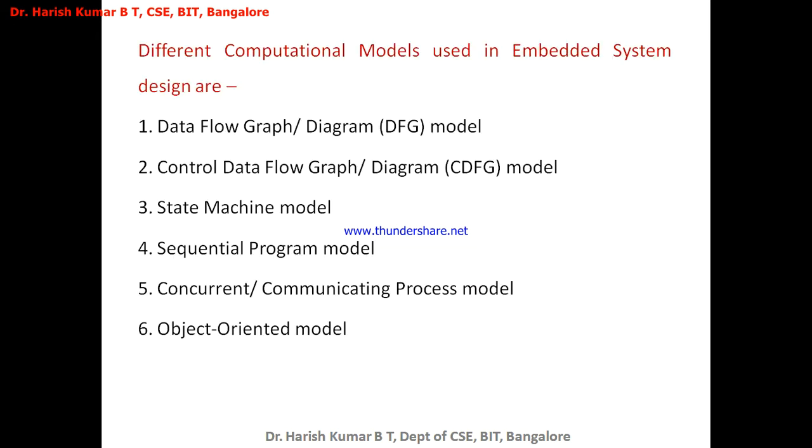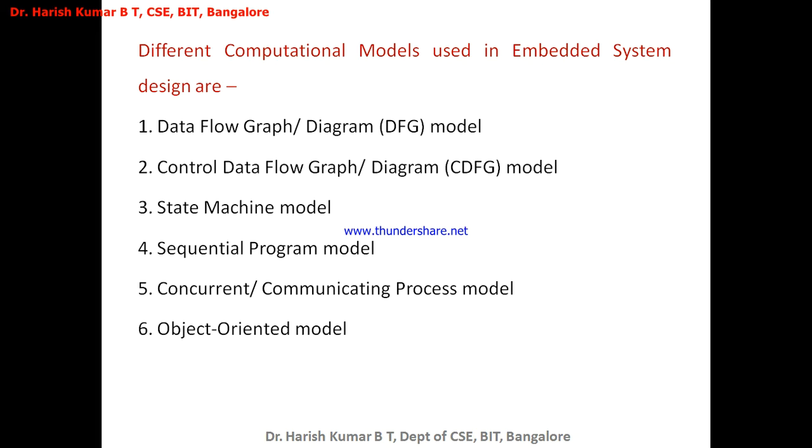So the different computational models used in embedded system design are as follows. So first thing is data flow graph, or you can also call it as data flow diagram. So DFG model, control data flow graph. So that is CDFG model.